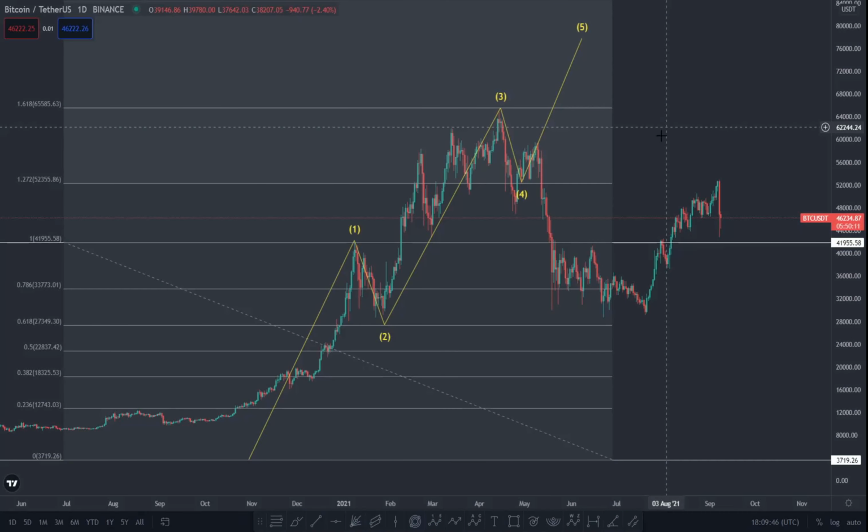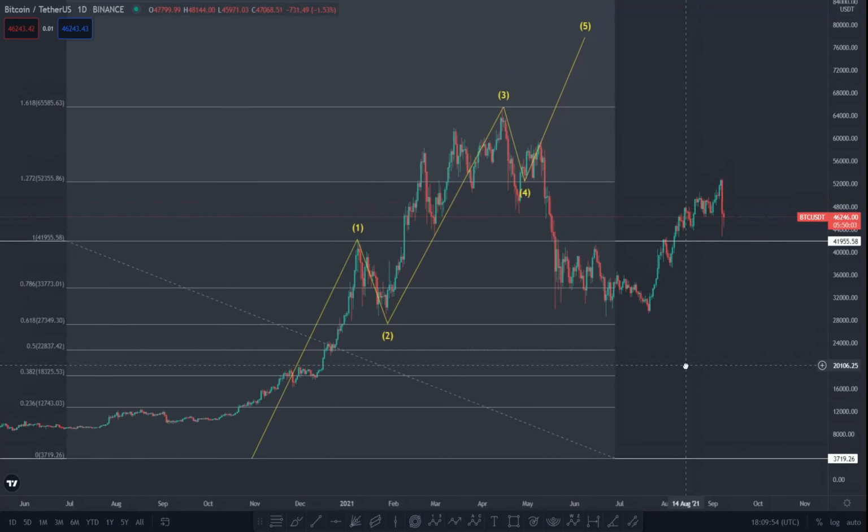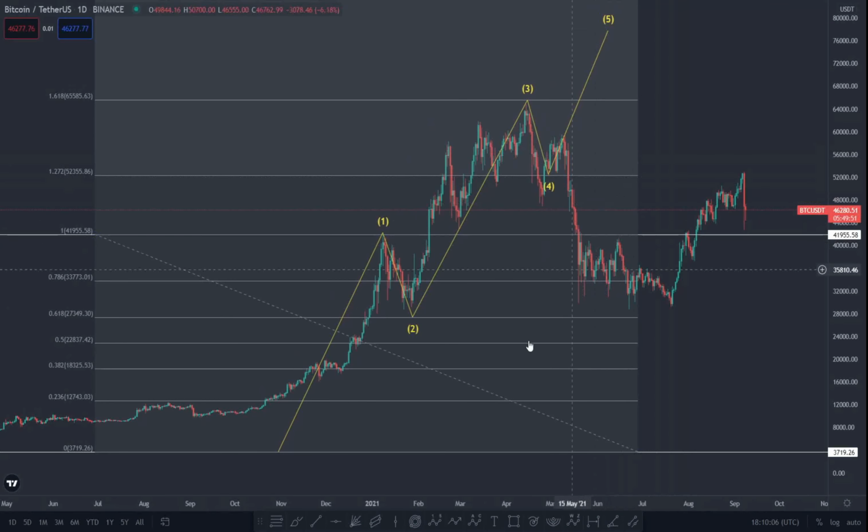However, this move failed, as you can see. So how can we spot the reversal? Because Elliott waves can be invalidated midway. It's not like, well, we had wave 1, so wave 5 must be completed eventually. No, they can be invalidated.